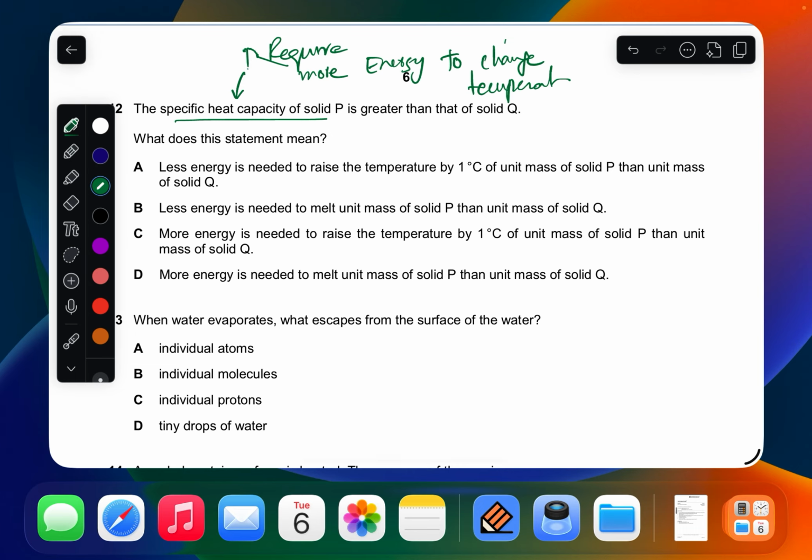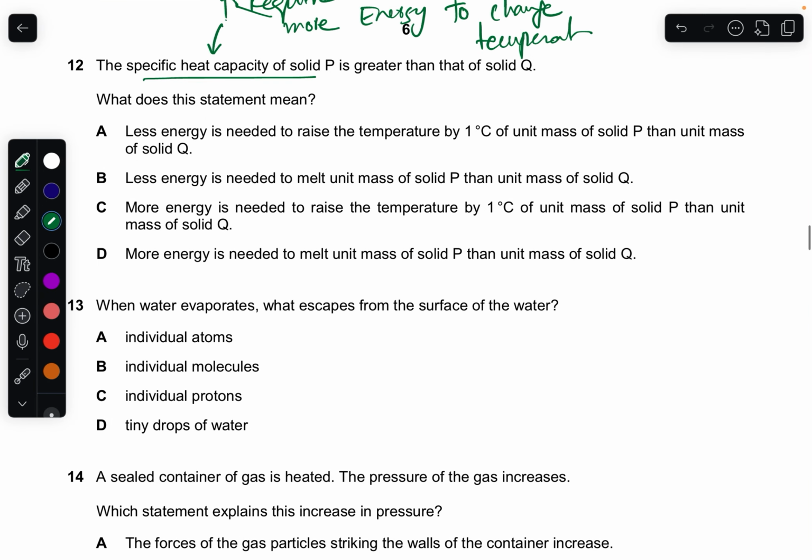So it's option C that is correct. The one with a higher specific heat capacity will need more energy to change its temperature.